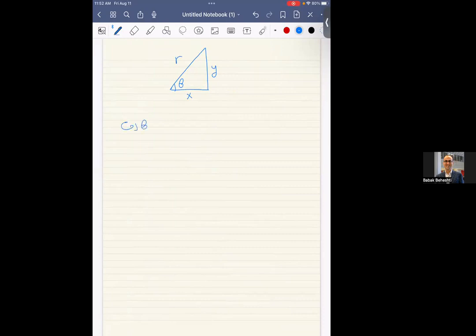So cosine theta is x divided by r, and sine theta is equal to y over r.